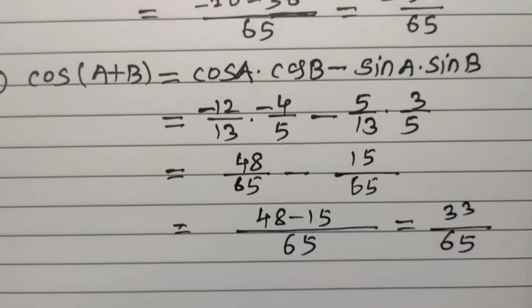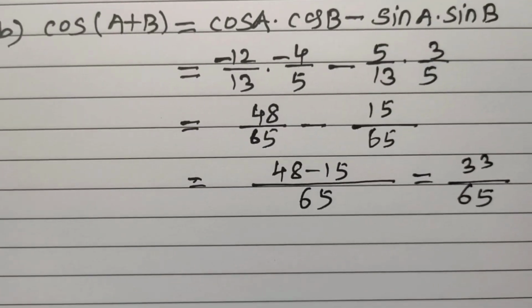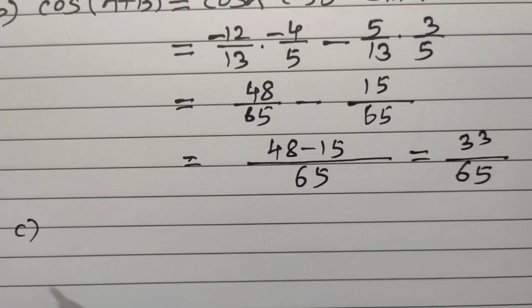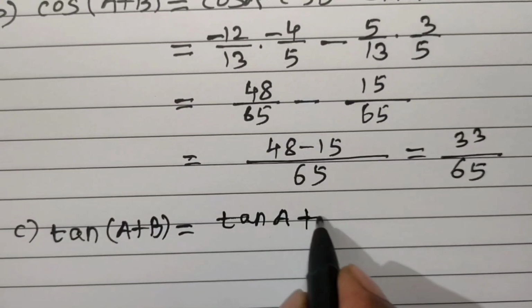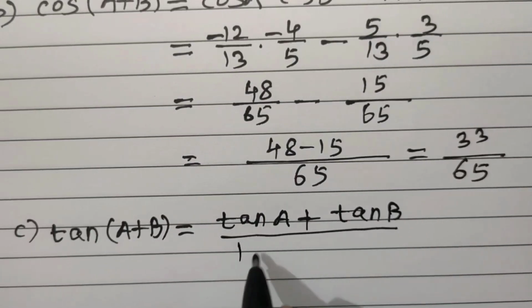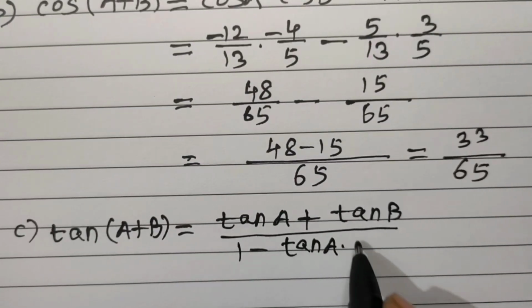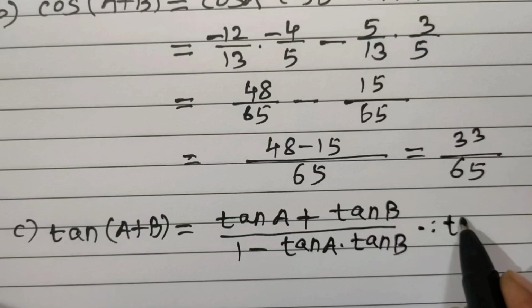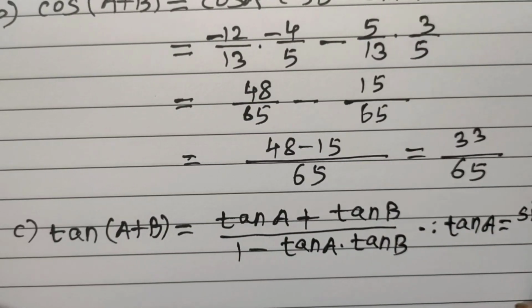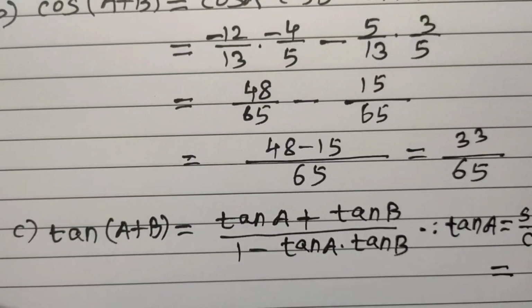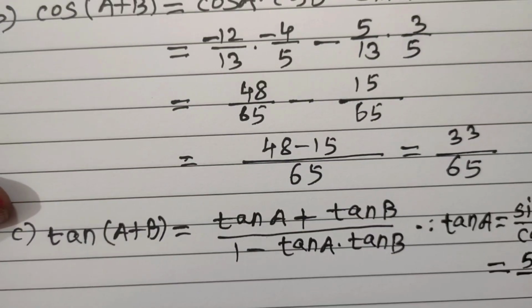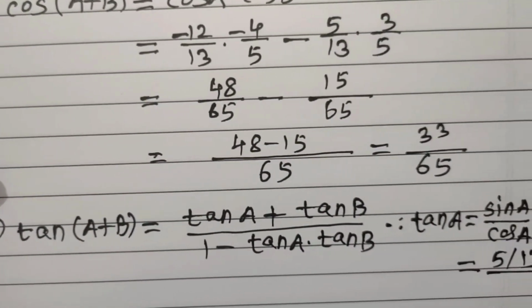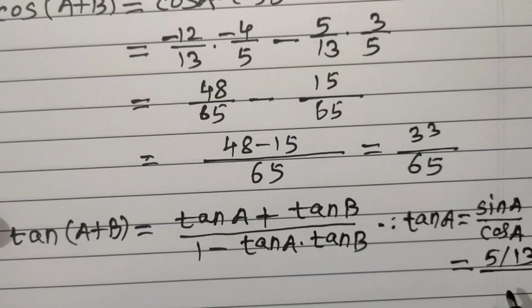Let us find the value of tangent of A plus B, which is the third statement. So tan of A plus B is equal to tan A plus tan B divided by 1 minus tan A into tan B. But we know tan A is equal to sin A divided by cos A. And what is the value of sin A? Sin A is equal to 5 upon 13 divided by cos A, which is minus 12 upon 13.